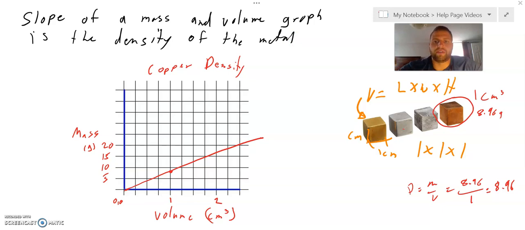If we went ahead and found the masses for the rest of these metals here, each one of these metals should come up with a unique line. And no two lines will be the same. Every metal will have its own unique density.